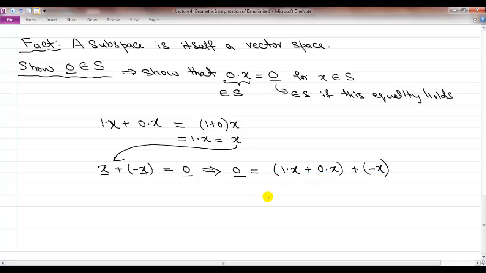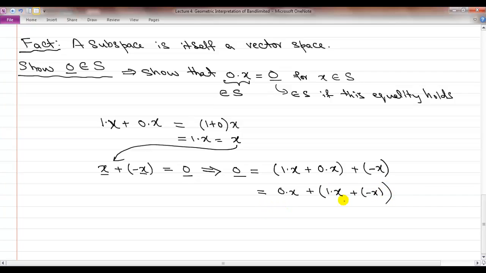Now by the associativity property, I can change the order. So I'm going to keep 0 dot x, and take this 1 dot x with the other term, 1 dot x plus minus x.